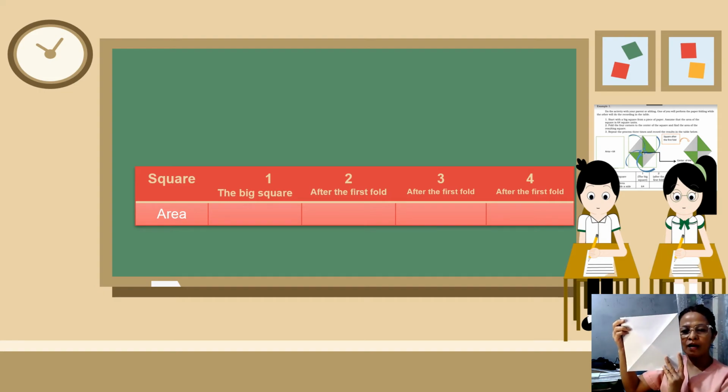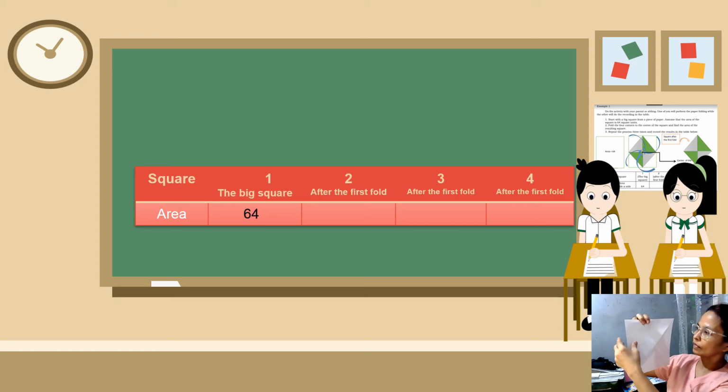We will let the area of this square equal 64 square units. And then we will fold the corner to the center to make another square. So fold it to the center.